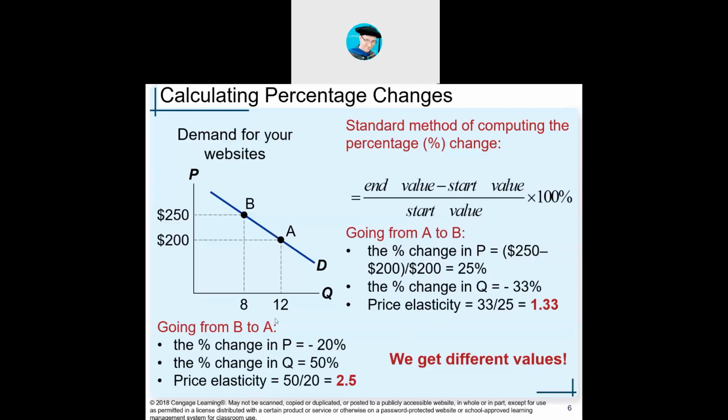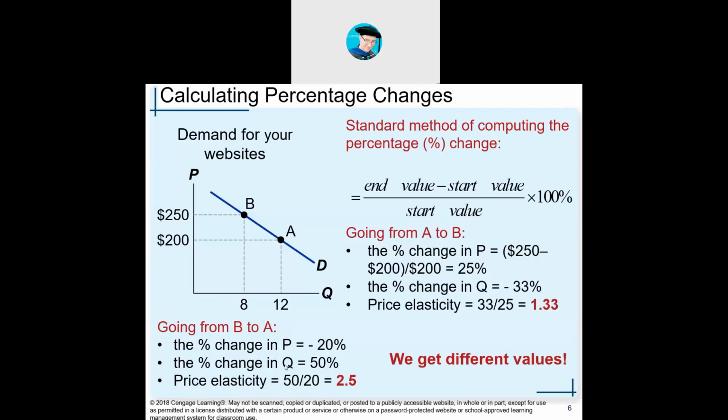If we go from B to A, the price elasticity is 2.5. How did that happen? Well, we're reversing it, right? So when we reverse it, the percent change in the price from B to A, 250 minus 200 is 50, divided by 250, would be minus 20%.